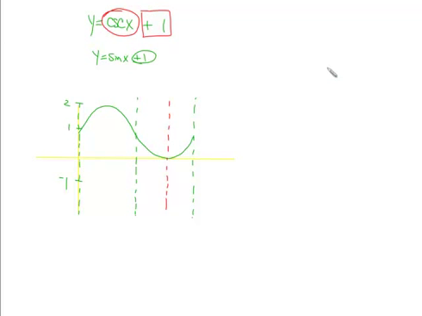Let me give you an example. What if we were graphing y equals 1 over x? Clearly, we have a vertical asymptote at x equals 0, because if we plug in 0 for x, we don't get a y-coordinate. It's undefined. If I put a +1 at the end of it, does that now mean that our vertical asymptote is at x equals 1?